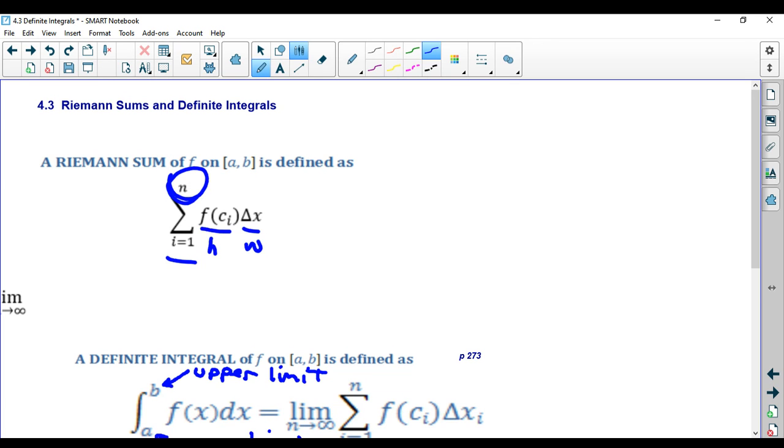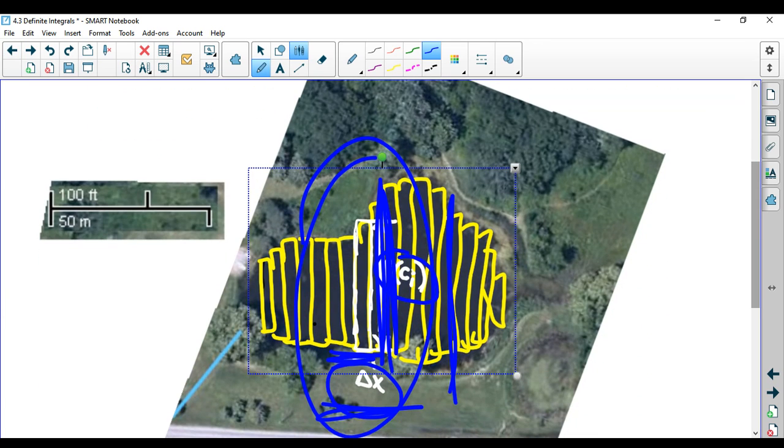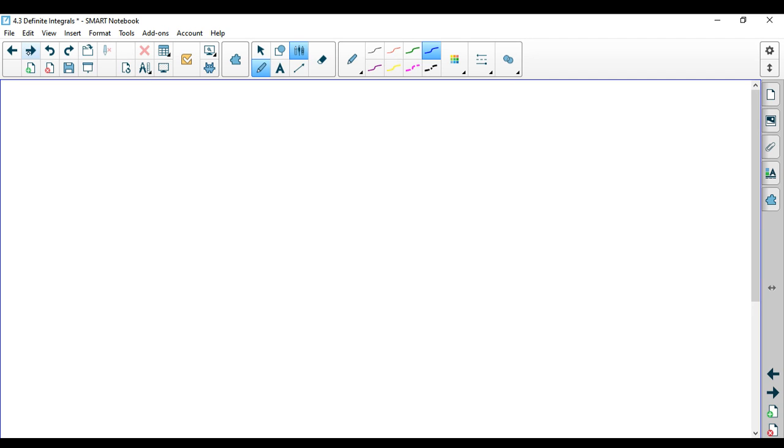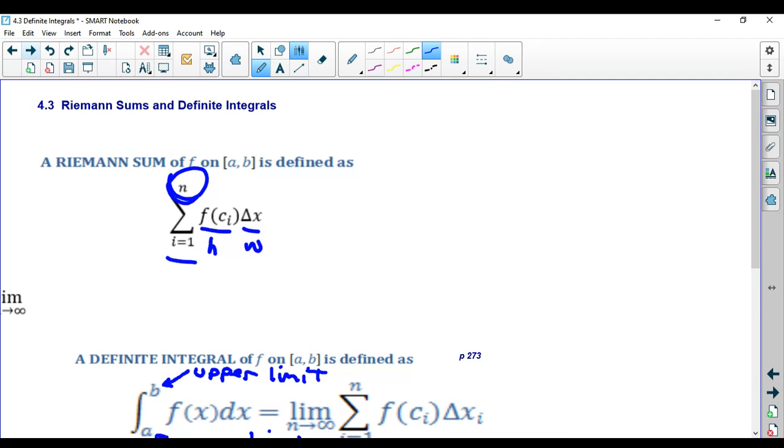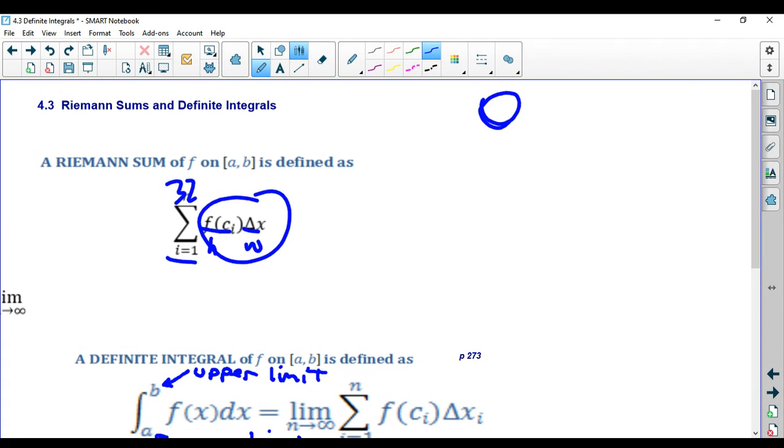In this case, if you count them, let's say 32 rectangles. So we're adding the areas of the first through the 32nd rectangle. This is called a Riemann sum.